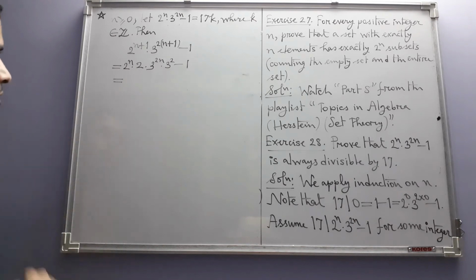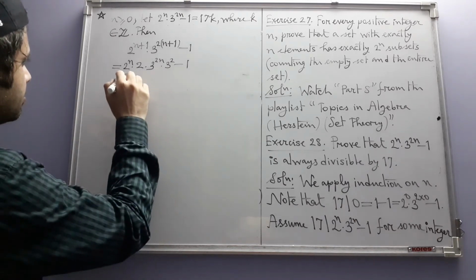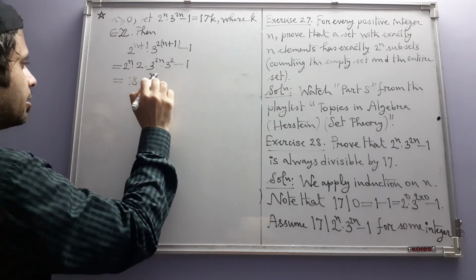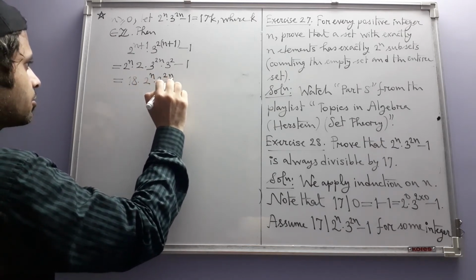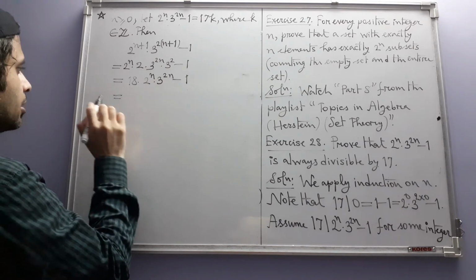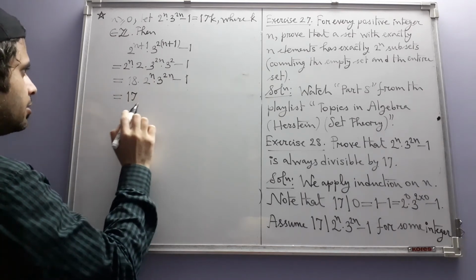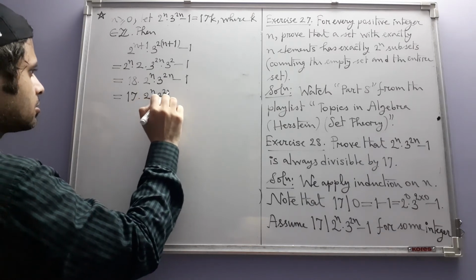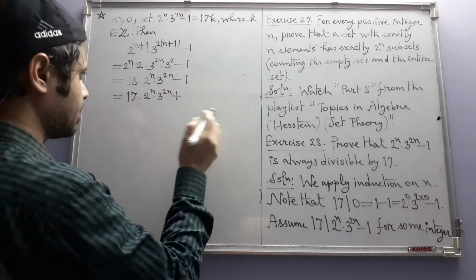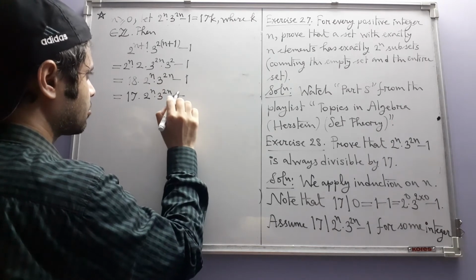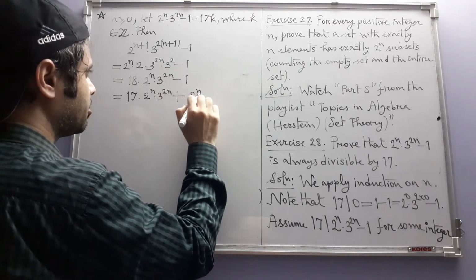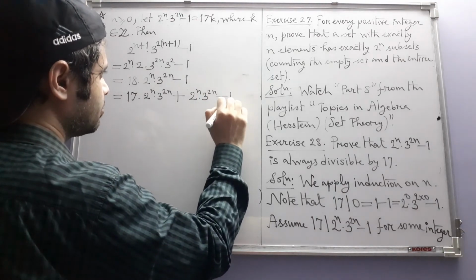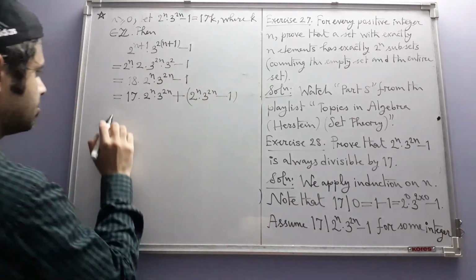Now 2 times 3 square is 18. So 18 times 2 to the power n times 3 to the power 2n, minus 1. So this can be written as 17 times this plus another 2 to the power n times 3 to the power 2n, and we have minus 1 additionally.